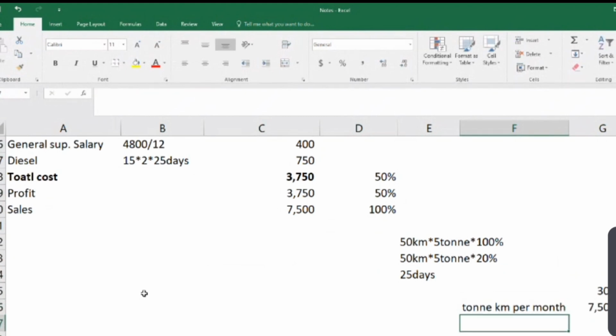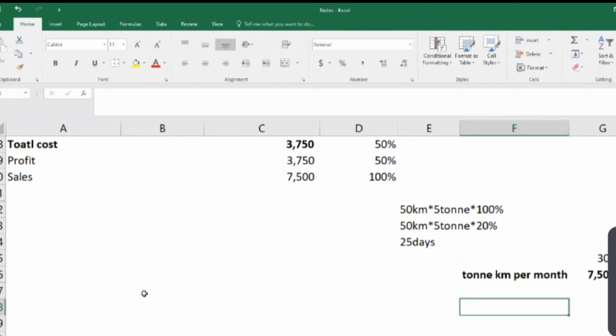So basically what you have to do is, I will tell you here. 50 kilometers into 5 ton into 100 percentage plus 50 kilometer into 5 into 20 percentage. This is a close bracket, here it will be an open bracket, then multiply with 25 days.